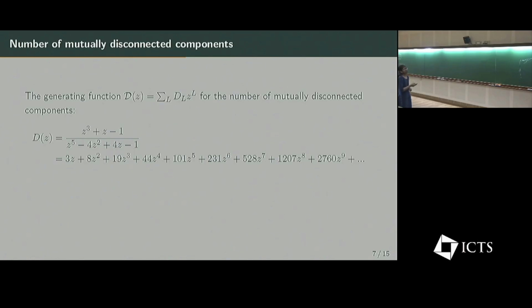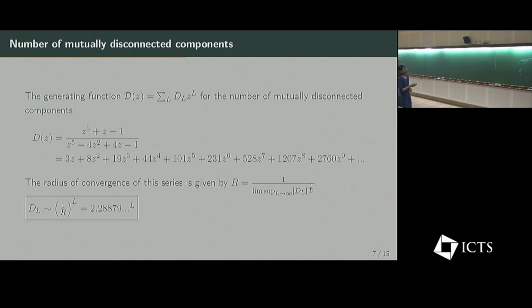We can also write a generating function for the number of mutually disconnected components as follows. If we expand it in a power series, the coefficient of the term z to the power L gives the number of disconnected components in a system of size L.